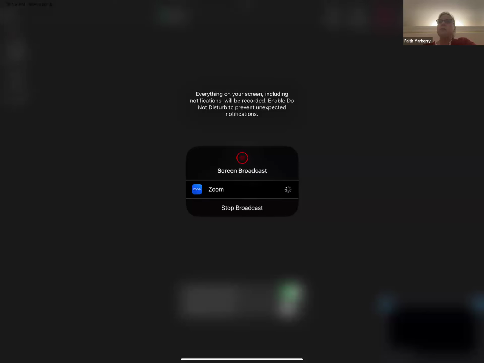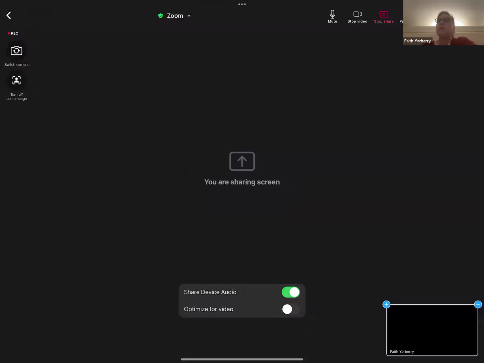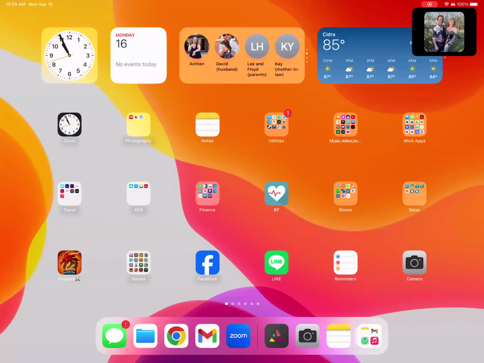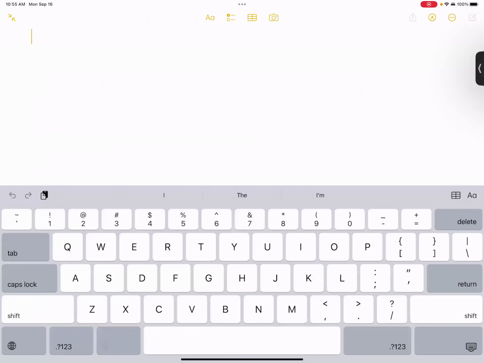Also want to do that. Share screen. And just right on my screen. All right, nice. Now I gotta figure out what I'll listen. Cool.